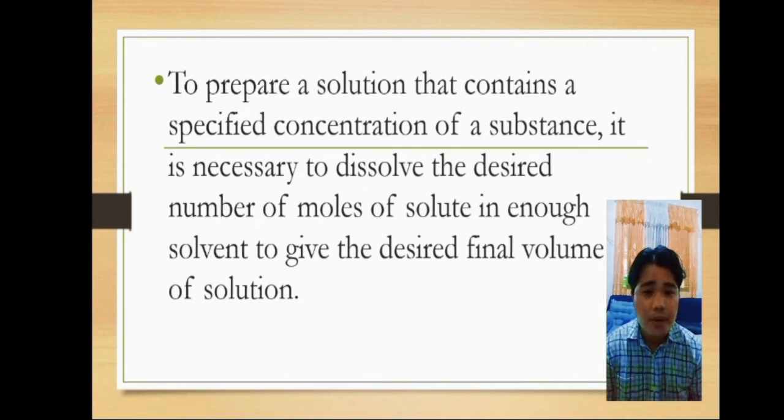Because the solute occupies space in solution, the volume of solvent needed is almost always less than the desired volume of the solution. For example, if the desired volume were 1 liter, it would be incorrect to add 1 liter of water to 342 grams of sucrose because that would produce more than 1 liter of solution.